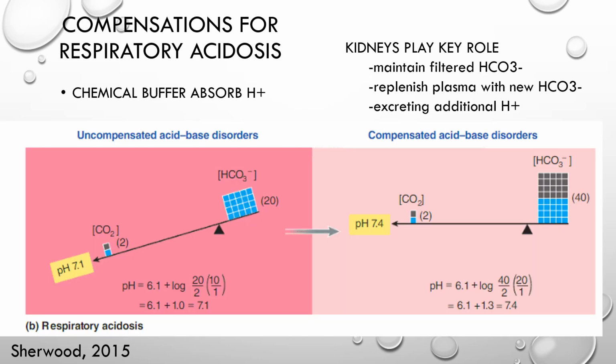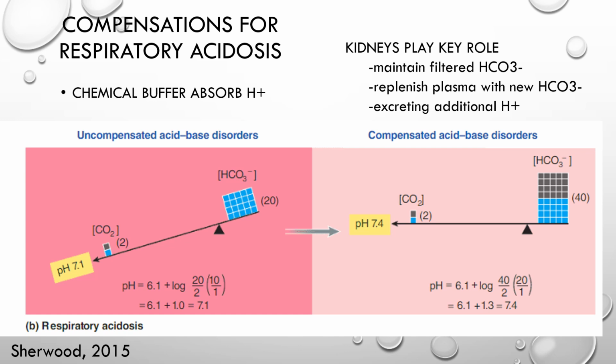Next, let's talk about compensations for this respiratory acidosis. Hypoventilation-related abnormal CO2 retention leads to respiratory acidosis. The increase in CO2 results from lower than normal CO2 loss through the lungs, causing hydrogen ions to be produced from the source.